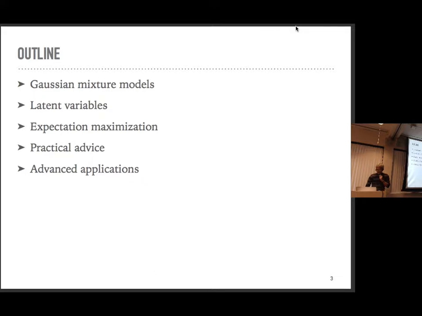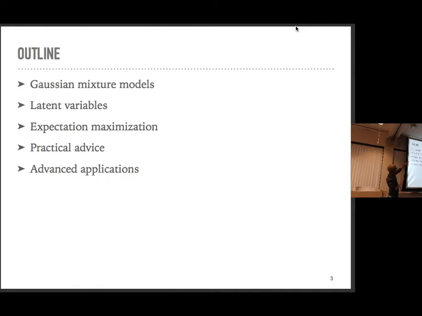So the outline for today is I'm going to focus first on Gaussian mixture models, because that really sets the context. Then we're going to talk about another one of the recurring themes in machine learning methods, something called latent variables. I don't know where that terminology came from. It sounds like thermodynamics, but it just means basically a hidden variable. It's a variable that you wish was in the data, but isn't actually there.